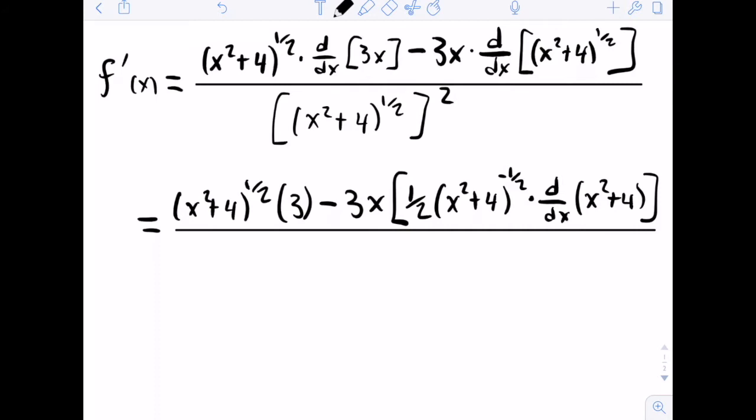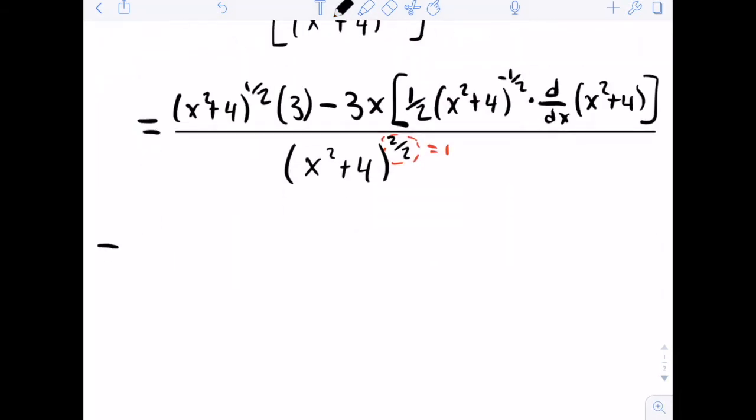So it just becomes a power of 1. So this becomes x squared plus 4 to the power of 2 over 2, which is just 1. So that's a nice denominator to have.